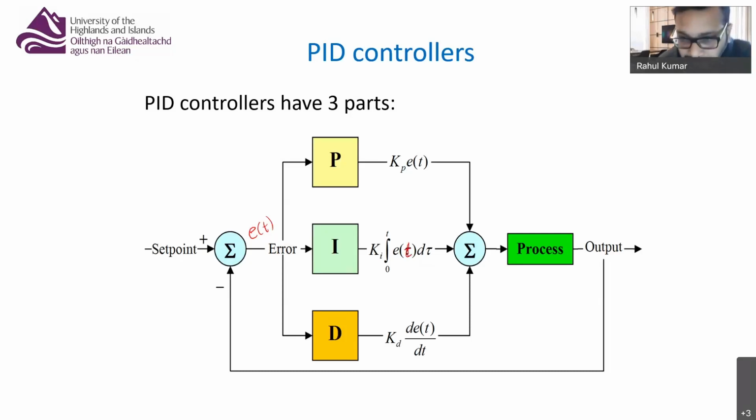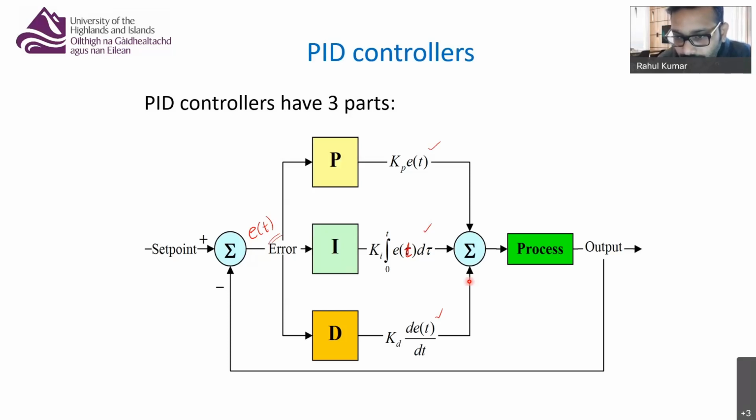Based on this error signal, the three parts generate their own output, and these outputs from your proportional, integral and differential controller are then added together at this second summing junction, right?